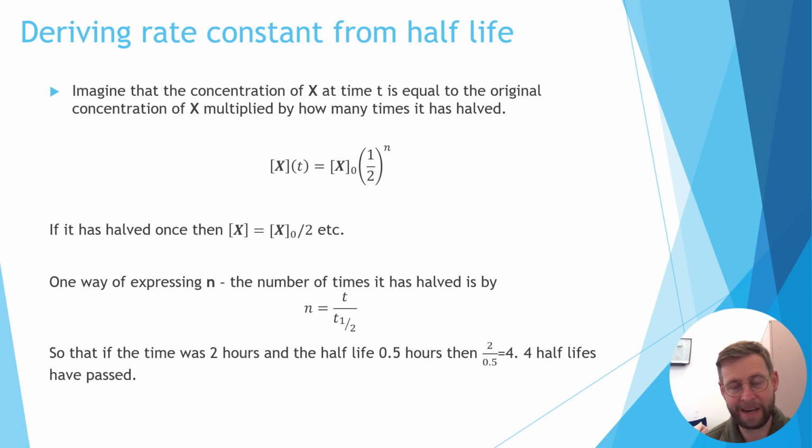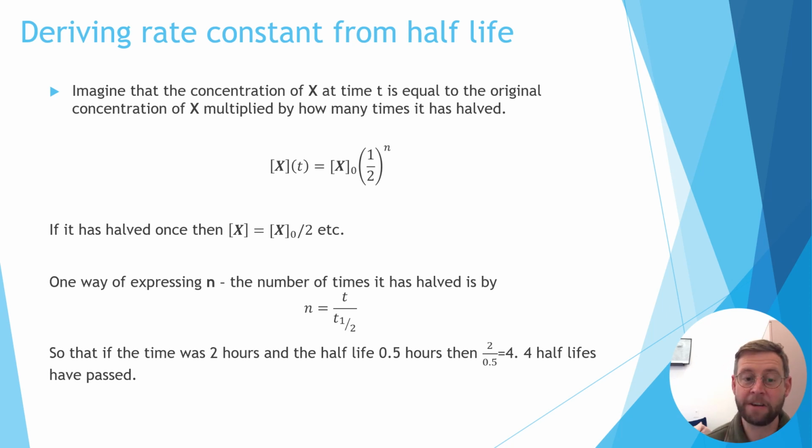If it's halved to the power of 3, it's going to be half times a half times a half, it's going to be 1/8 of the original. So that's how that formula at the top there works. So n just represents how many half-lives have gone by. That's just the ratio of what time it is now compared to what one half-life is in seconds.